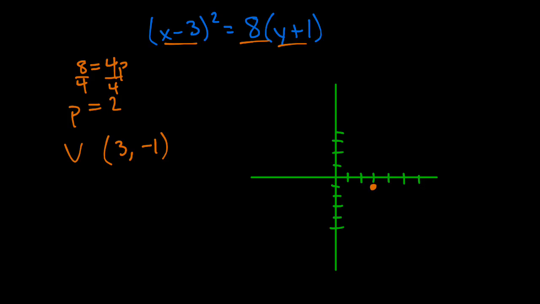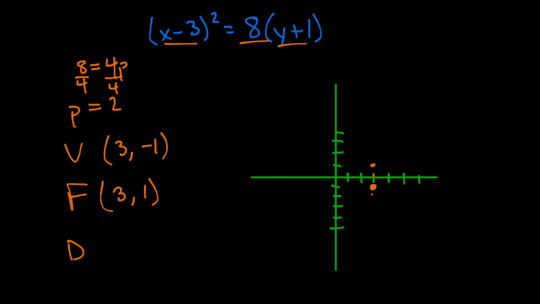So if P is 2, that means our focus is up 2 from our vertex. So if we go to our vertex and we go up 1, 2, there is our focus at 3, 1. And then lastly, the directrix is 2 below.